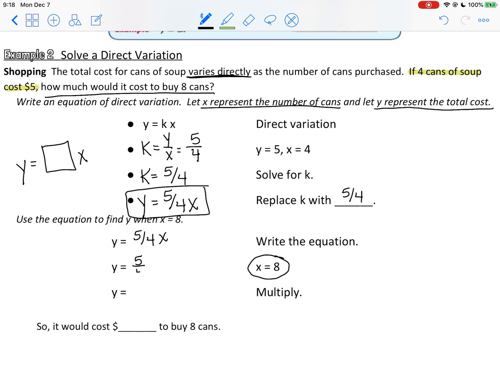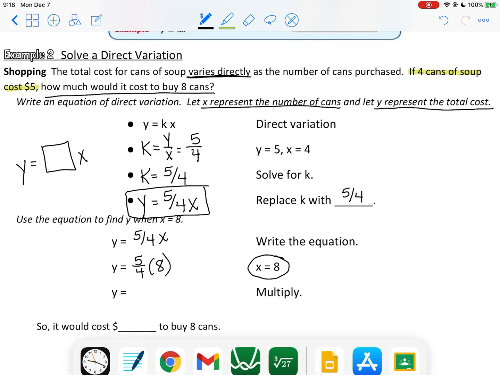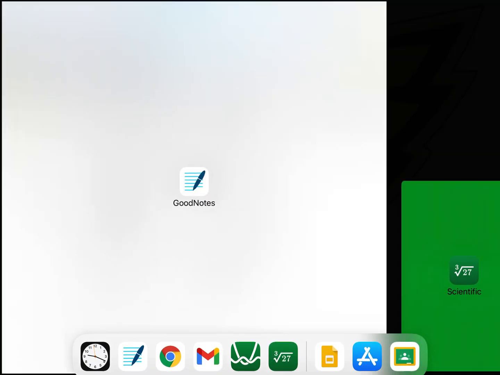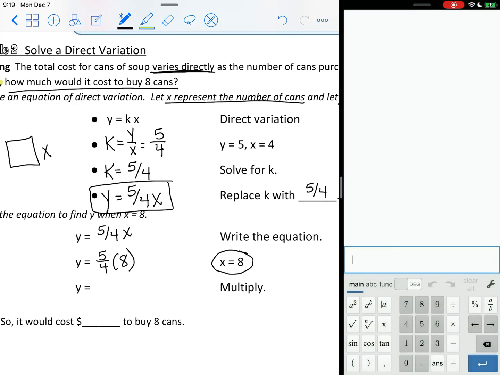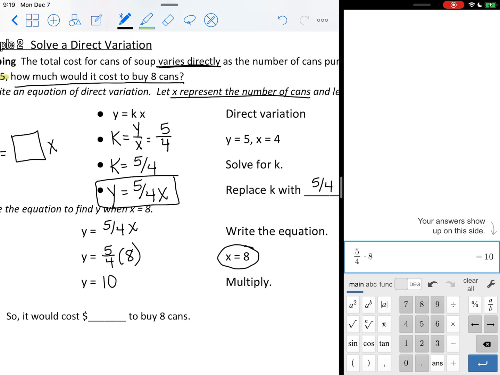So this will be 5/4 times 8. I'm going to plug that into the calculator. 5/4 times 8 gives me 10. So y equals 10. Since y was a cost, it would cost $10 to buy 8 cans.